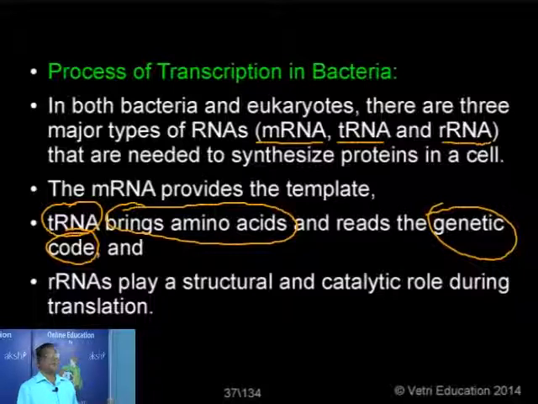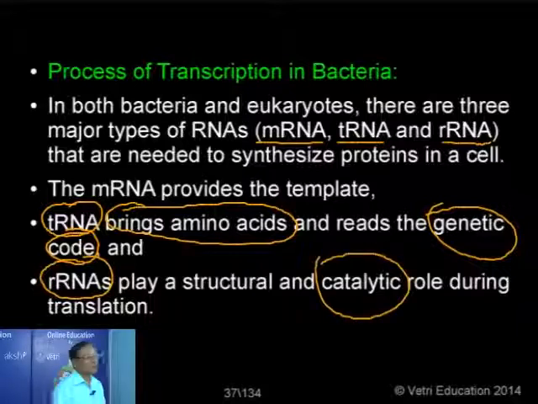In the ribosomes we have another RNA, called ribosomal RNA. It plays a structural and catalytic role, that is, having enzymatic activity as well as playing a structural role, making the formation of the ribosome. The ribosome contains many RNAs and proteins, that's why I am using the word structural role, making the ribosome the site of protein synthesis, what we call the factory of protein synthesis, and also acting in an enzymatic role, that's why it's called catalytic role.